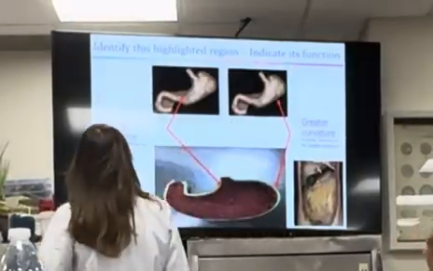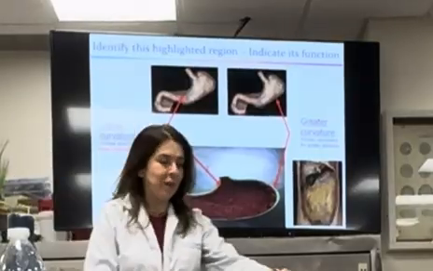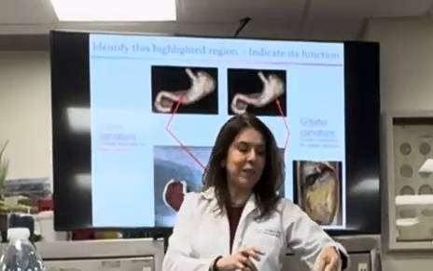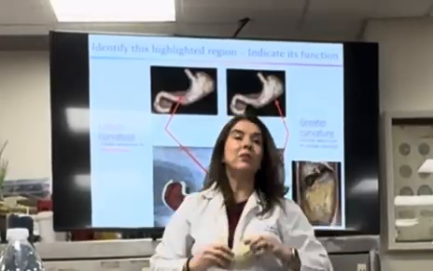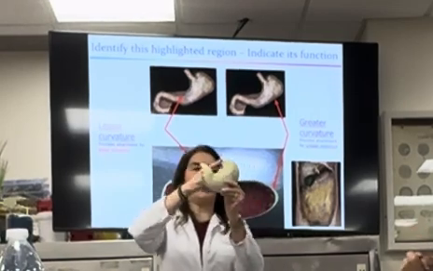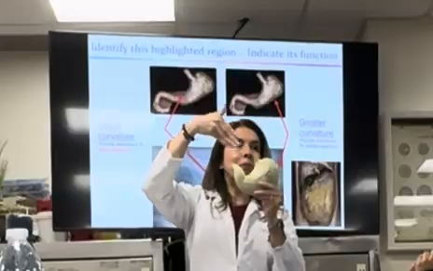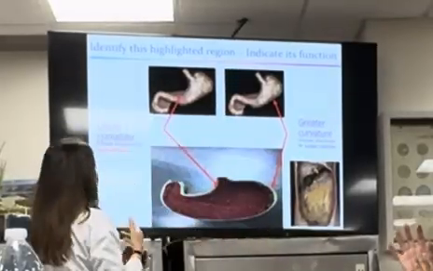All right. So remember, the stomach has two borders, right? So if I show you here the stomach, actually, let me show it to you like this. So this is how it is oriented. This is called the lesser curvature. There is a membrane that connects the lesser curvature to, do you guys remember which organ?